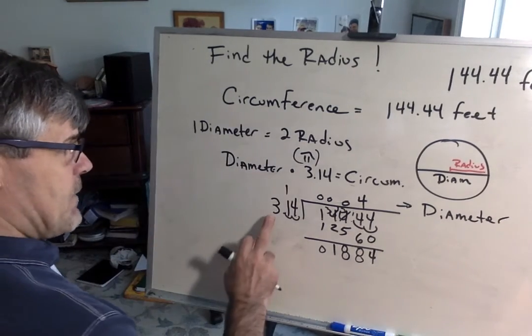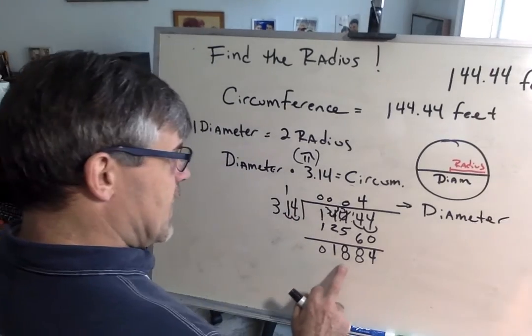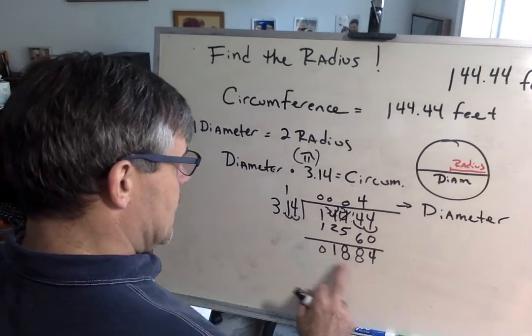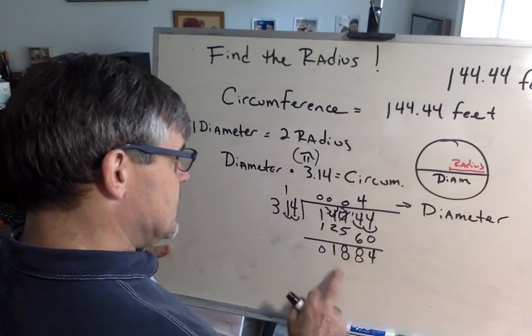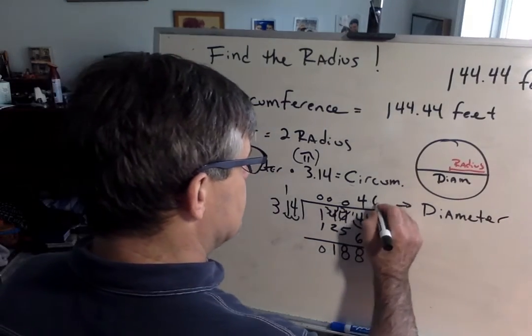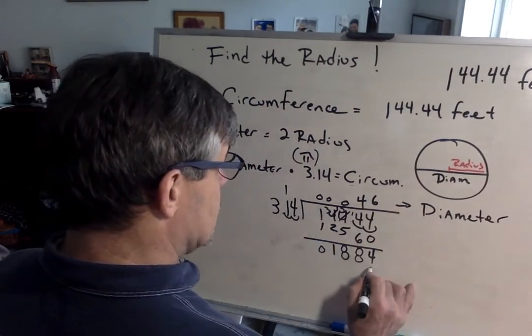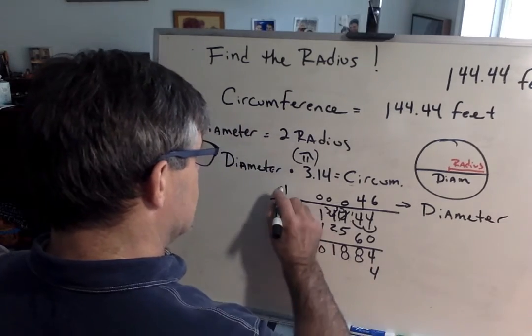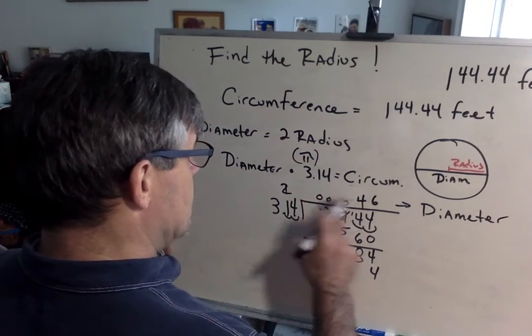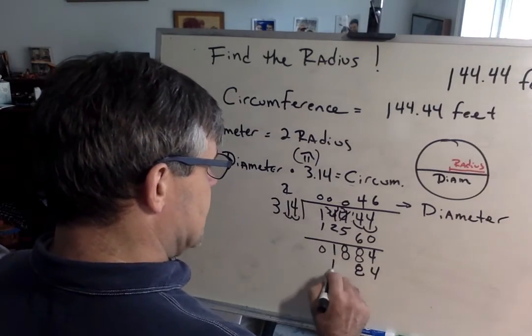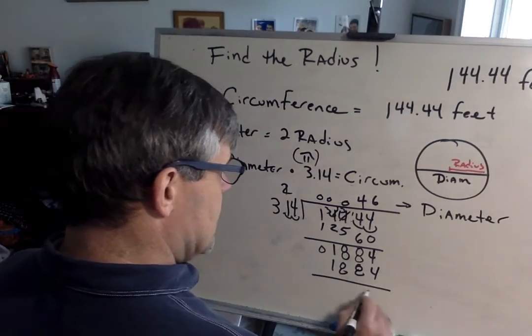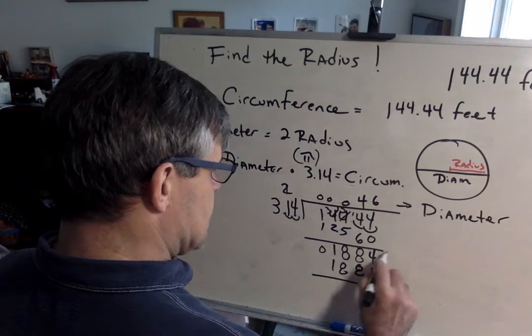Now, how many times does 314 go into 1,884? I know that 3 times 6 is 18. Let's try that. 6 times 4 is 24. Carry the 2. 6 times 1 is 6, plus 2 is 8. 6 times 3 is 18. Okay, this is perfect. That's gone.